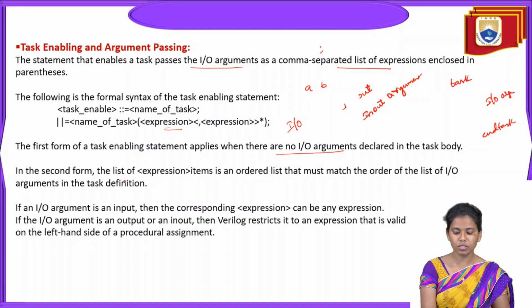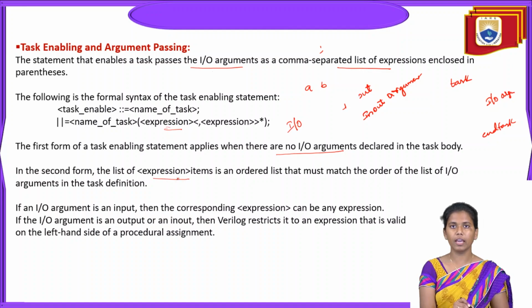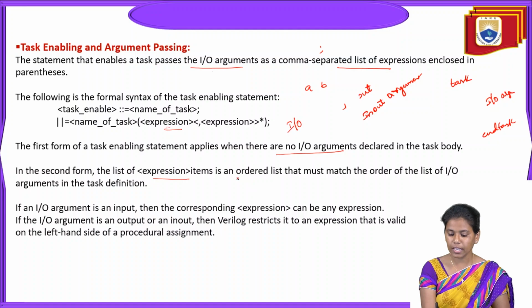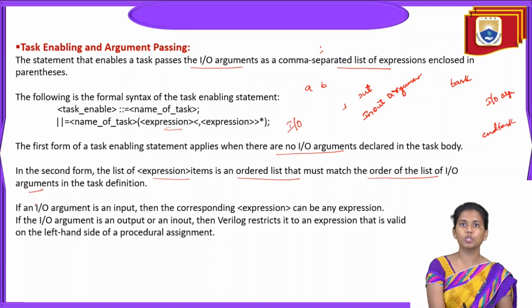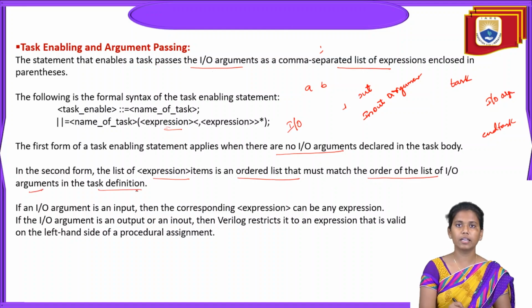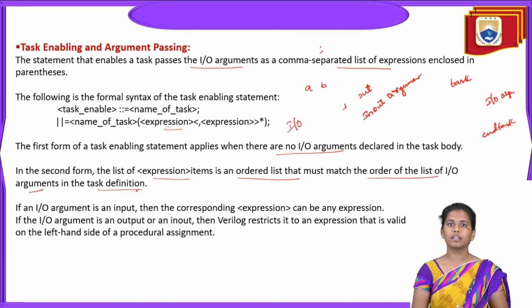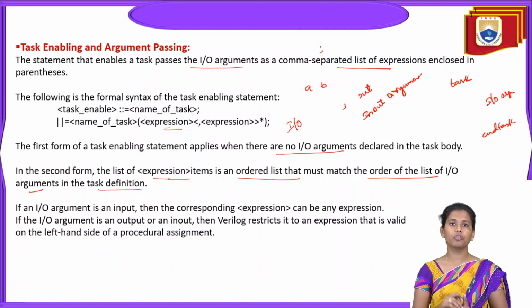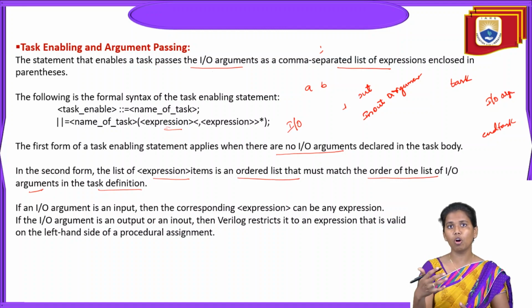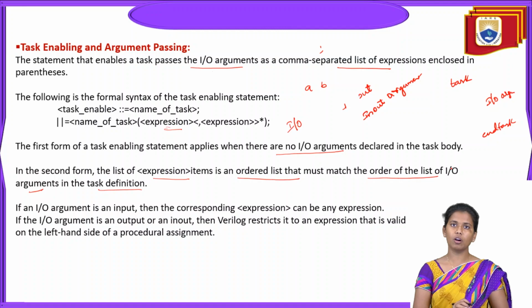The second thing goes, the list of expressions. Okay, the list of expressions is an ordered list, and that must match the order of the list of input-output arguments in the task definition. So in the task definition, the second step is all about the list of expression items. The expression items must match the order of the input-output arguments.